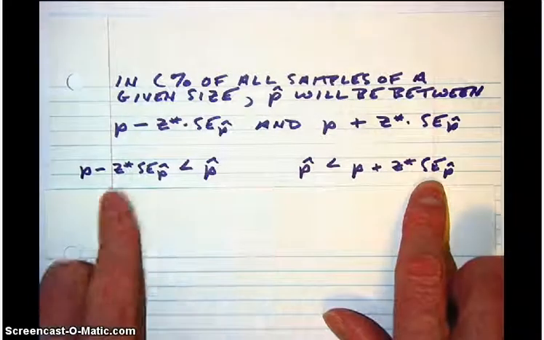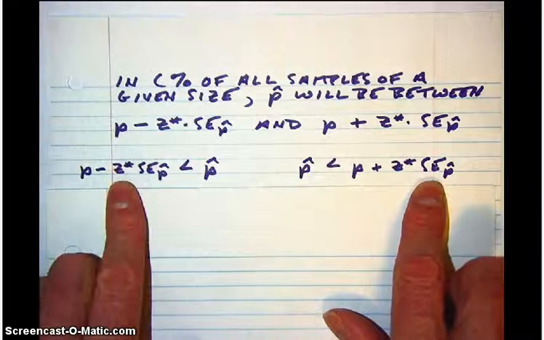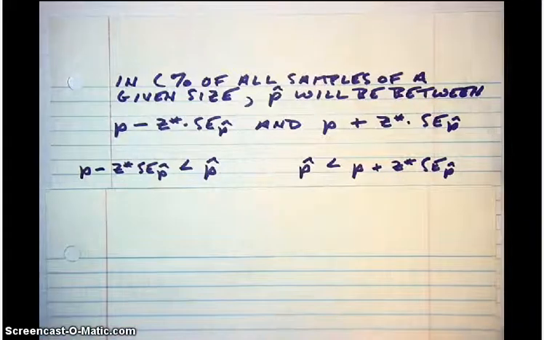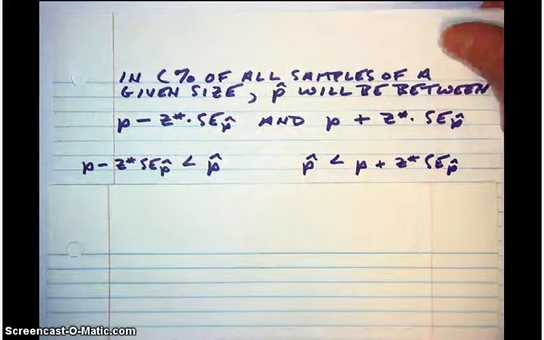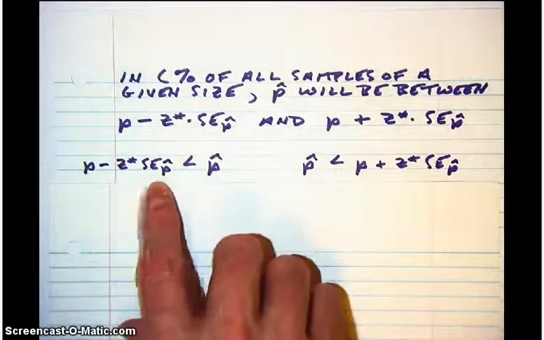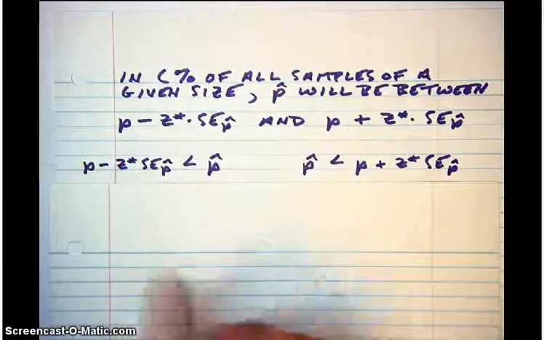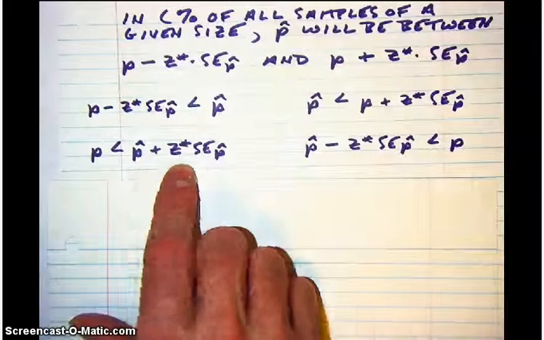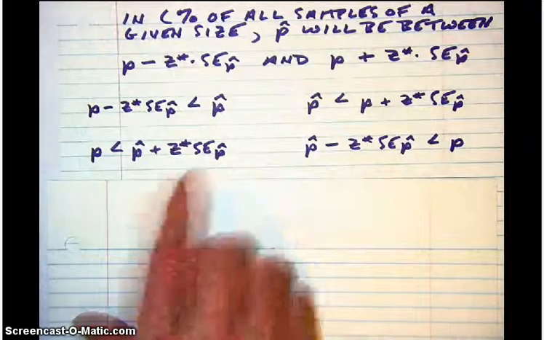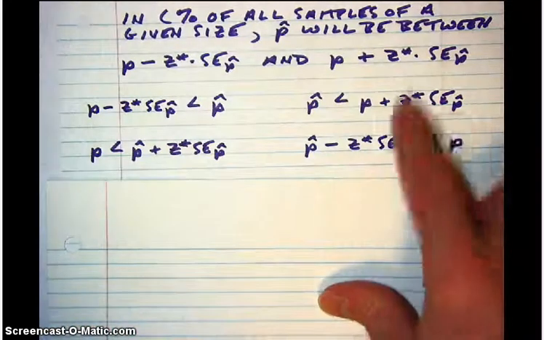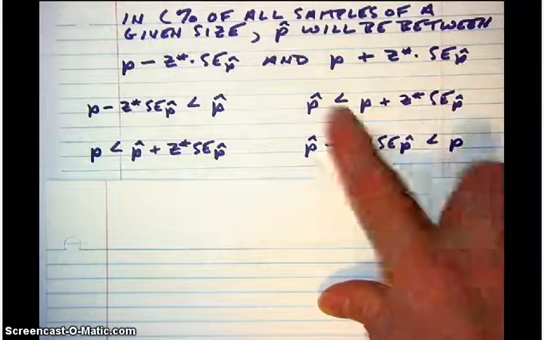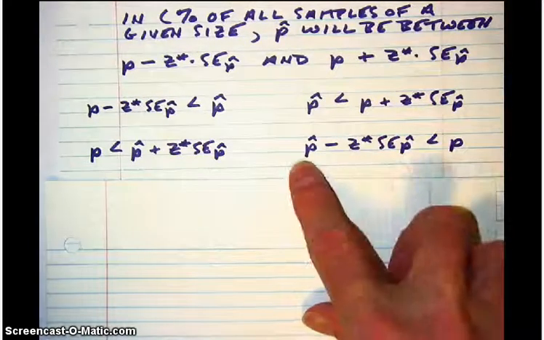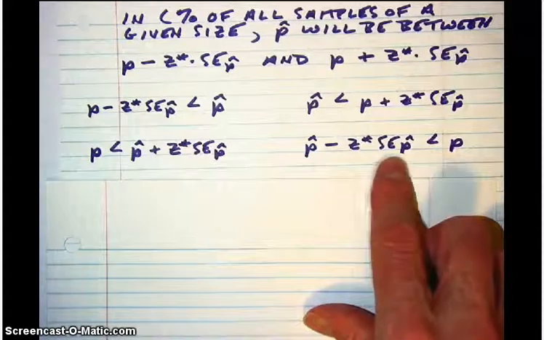This is the lower boundary of that interval that we saw, and this is the upper boundary of that interval that brackets that C%. Now I'm going to add z star times SE of p hat to both sides of that, and that's going to give me this: p is going to be less than p hat plus z star times SE of p hat. I'm going to subtract this right here from both sides of that inequality, and I'm going to get that p is greater than p hat minus z star times SE of p hat.